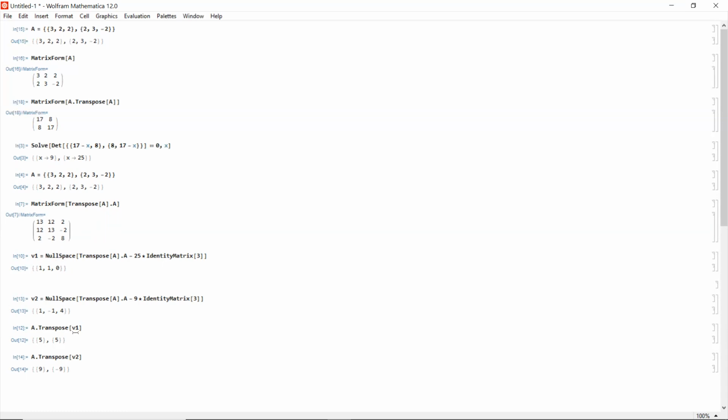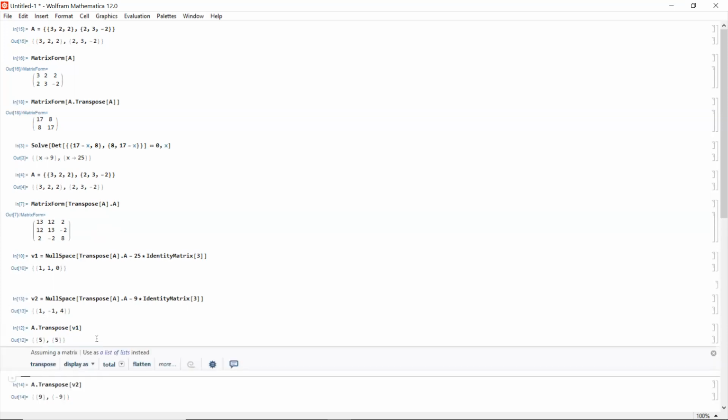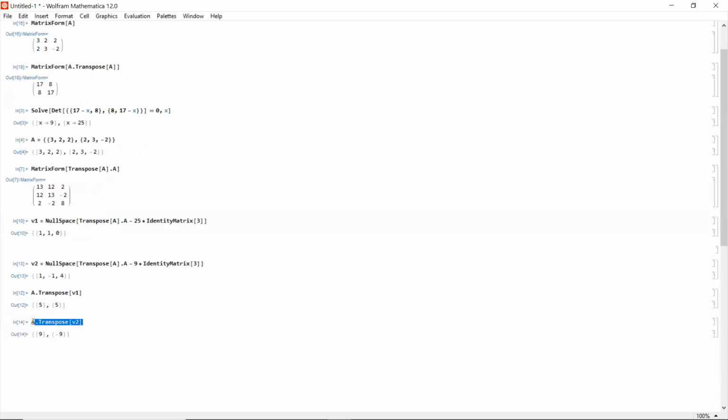That's why I had to use the transpose of v1 here. So I got 5, 5. This is the direction of u1. And at the end, I only normalize it so that it's of length 1. And the same for u2. So A times v2 gives me u2.